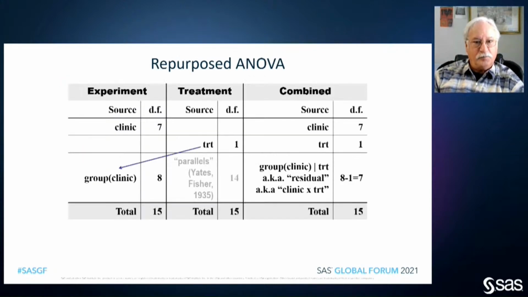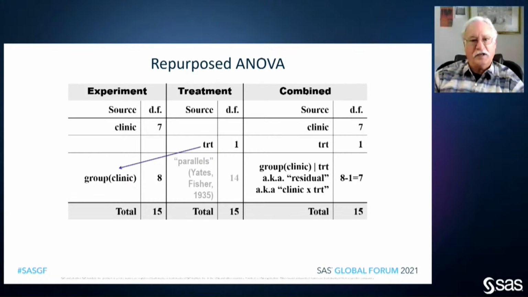So at this point, we could repurpose the analysis of variance table by listing sources of variation. The way I like to do this is to begin by separately listing the experiment design and the treatment design, and list those sources of variation. So we have clinics, we have groups within clinics, and then I put strategically the treatment in its column in a row immediately above the unit to which the treatments are assigned.